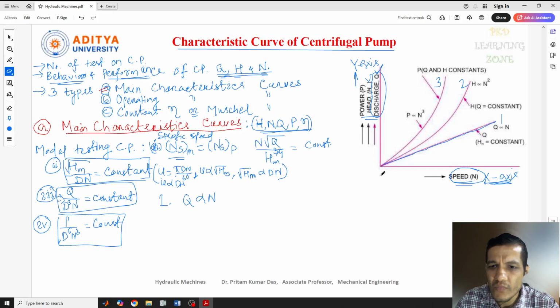That means if your speed is increasing, your discharge is also increasing.